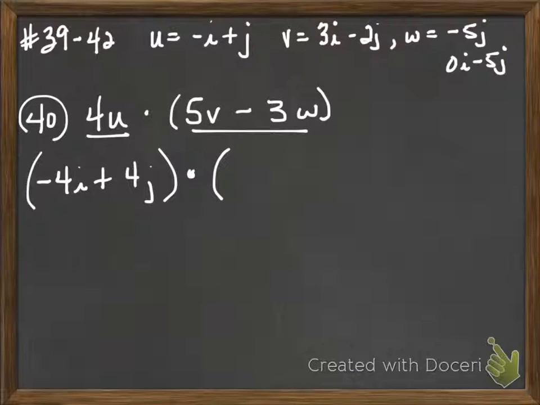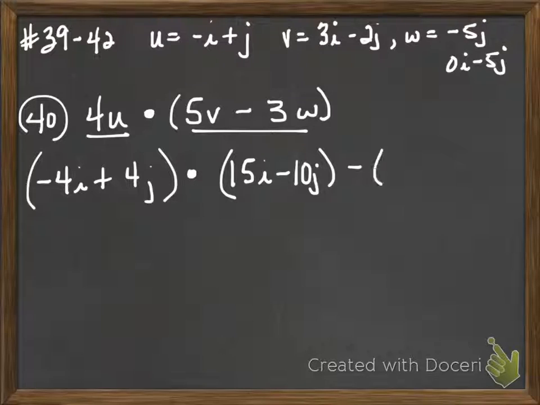And this dot means something different. That's your dot product. Doesn't mean just multiply. So 5v would be what? i minus 10j, and then you're going to subtract 3w, which is negative 15j.